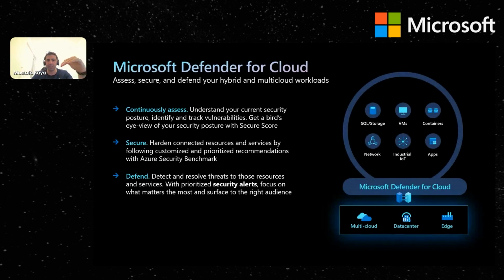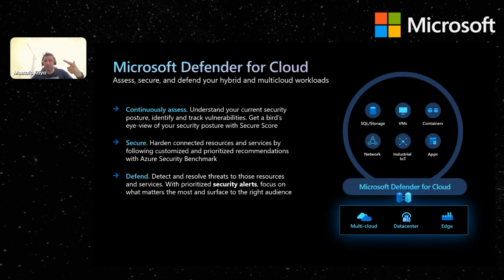Defender dashboard. So you will have a single dashboard and continuous assessment capability to understand your current security for the multiple environments, distributed infrastructure across your hybrid and multi-cloud resources, and it provides you a secure score. What is your security score from a single console? First one is continuous assessment.